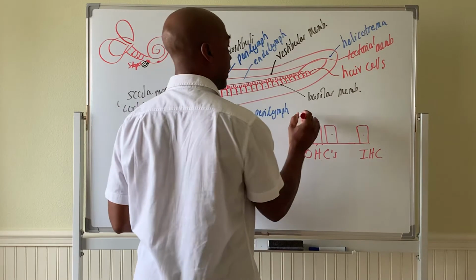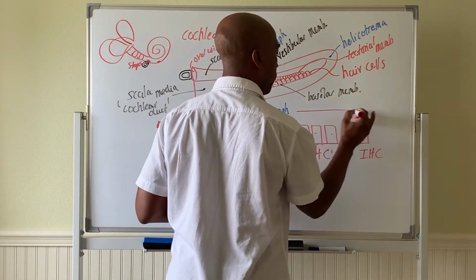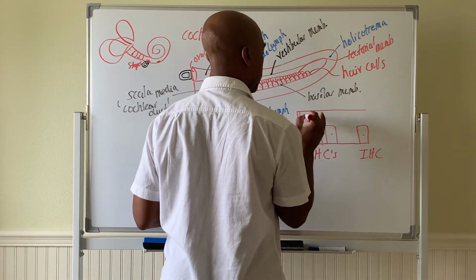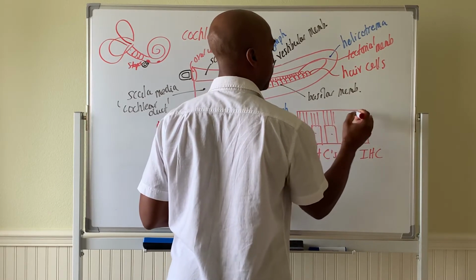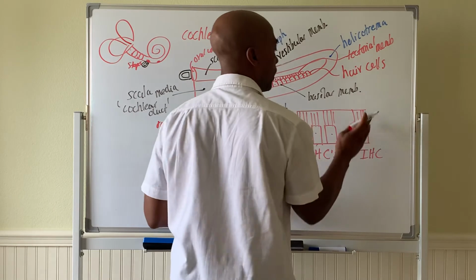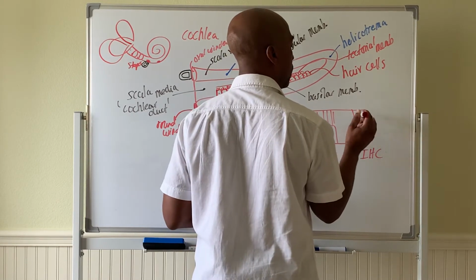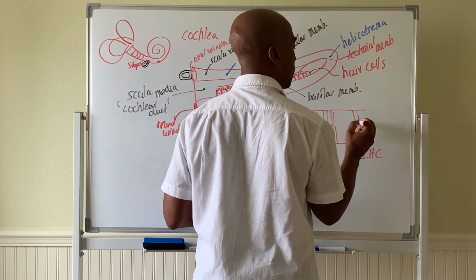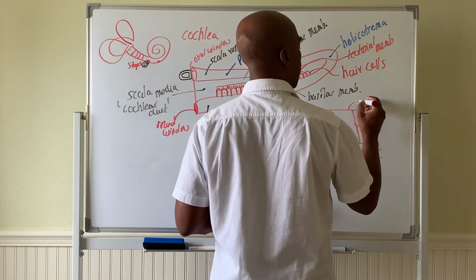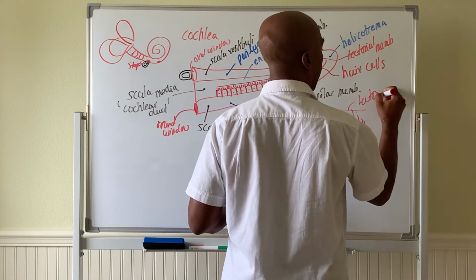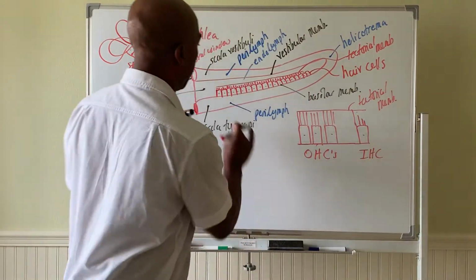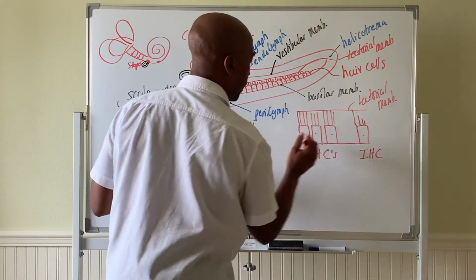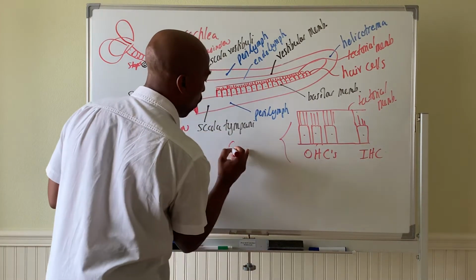Again, these are attached to the overlying tectorial membrane. So here is your tectorial membrane. This structure here is called your organ of Corti.